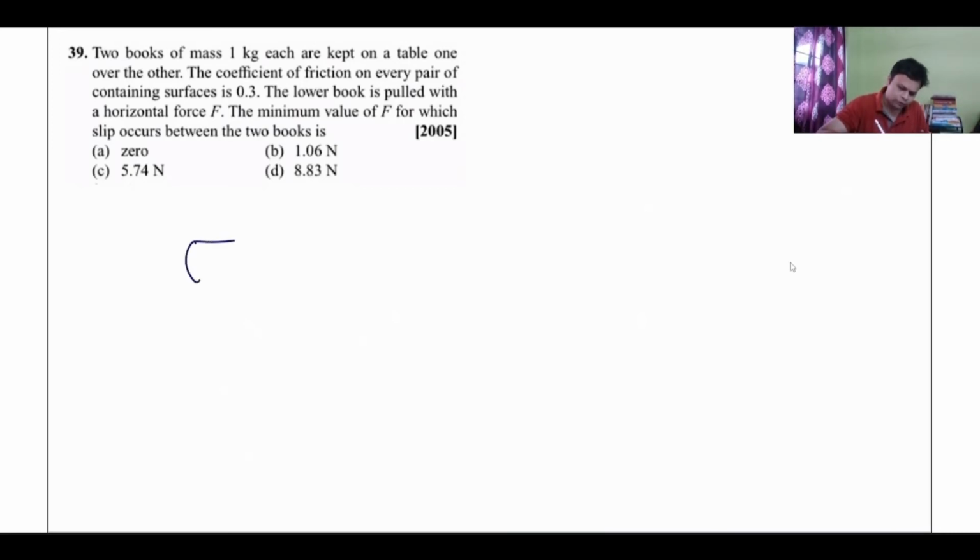So let me draw the two books for you to understand. Let me say this is one of the books, and let me say this is the other book. I'll make the color light for you to understand easily.